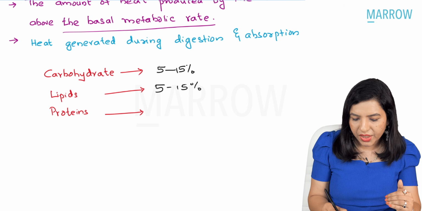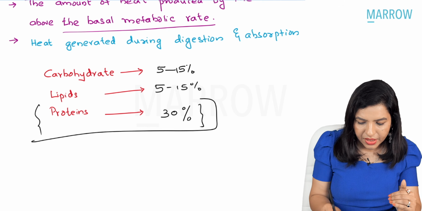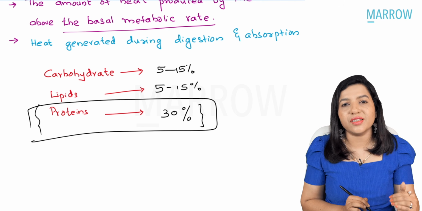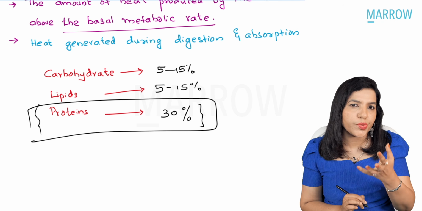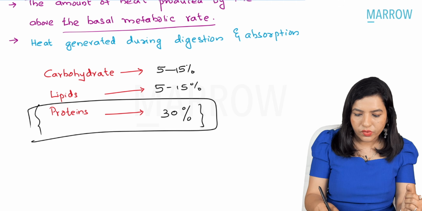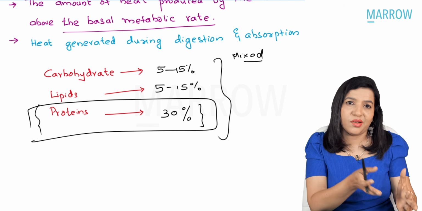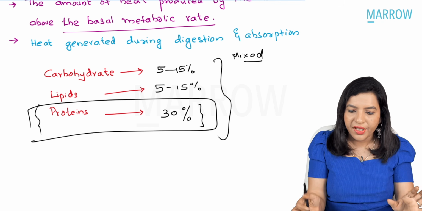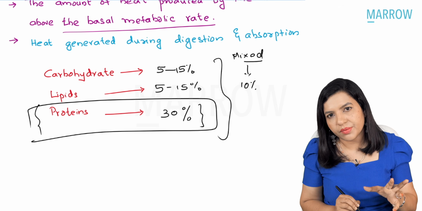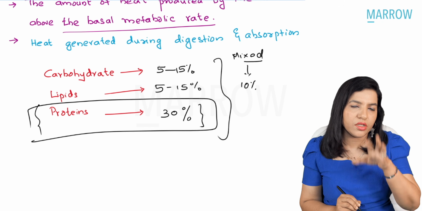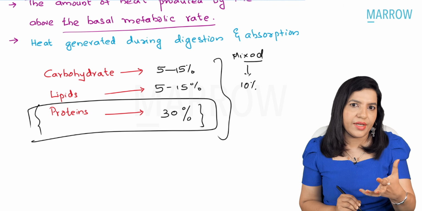But protein is 30%, which means the amount of heat produced by the digestion, absorption and metabolism of protein is more than carbohydrate. So in a mixed diet, where we don't know how much is carbohydrate, lipids and proteins, generally we take 10% of the basal metabolic rate as the specific dynamic action.